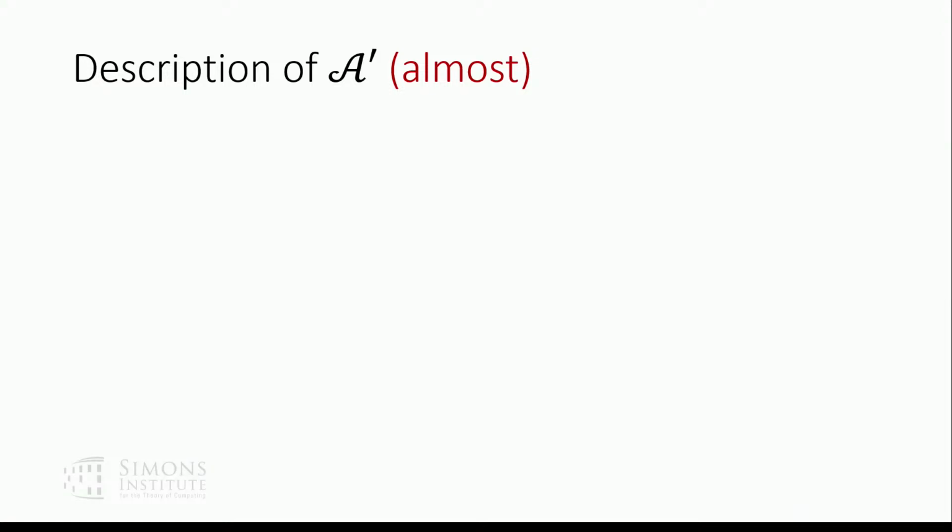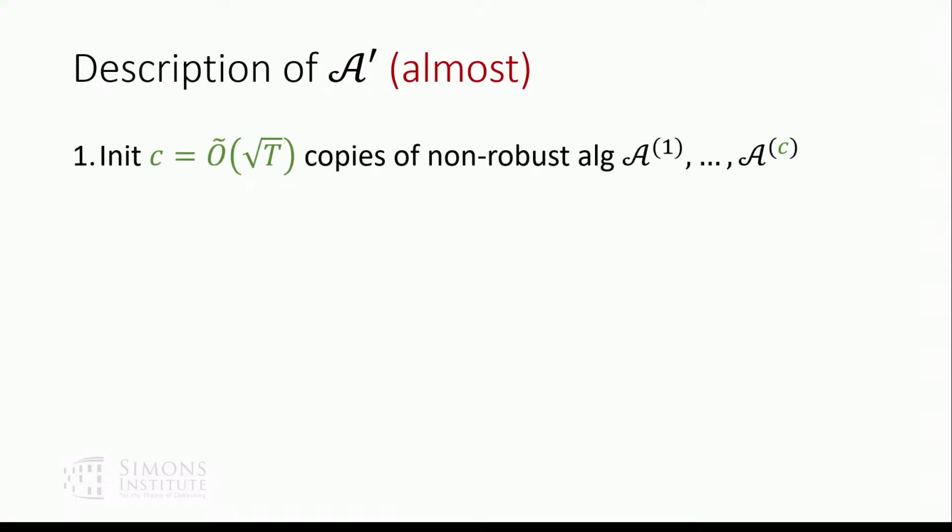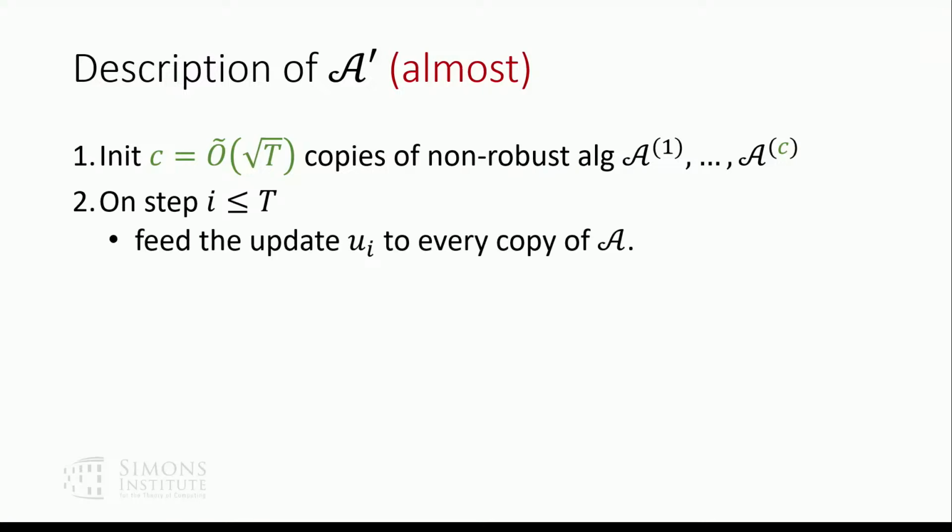Okay, so let's see the description of this transformation. It is quite simple too. What we're going to do is, instead of having T many copies, just create square root T many copies of the non-robust algorithm, A1 up to AC, where C is around root T. And at the ith step, we do the same thing.